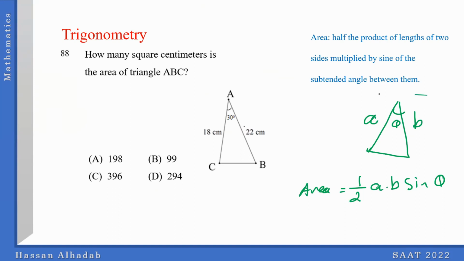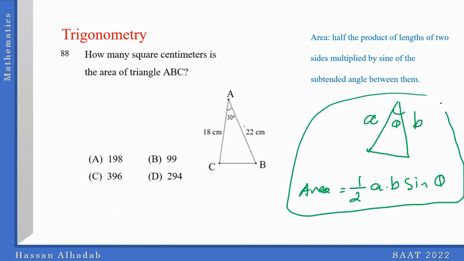This type of question is important. If you have a triangle with two sides and one angle between them, then the area of the triangle is 1/2 A times B sine theta.